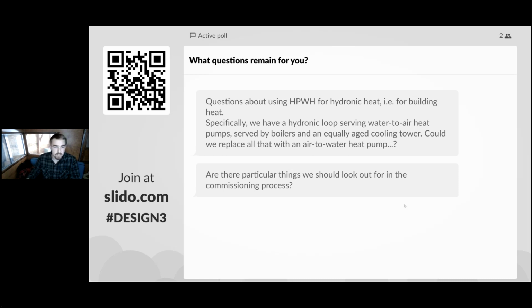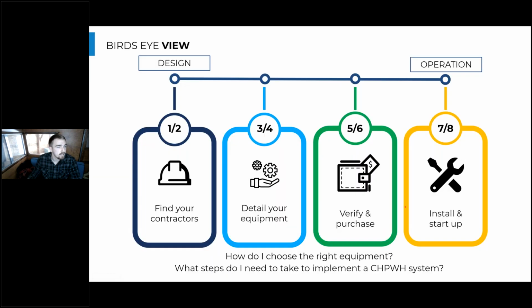Yeah, and I think that's really all we have today. We talked about these 4 steps in the transition from the design to the operation of the heat pumps, and finding your contractors and what attributes are ideal for an installer, as well as determining the details you need to get ironed out with your equipment during the planning and the verification and purchase process, and some key aspects you need to think about or keep in the back of your mind while you're doing installation and startup on this equipment.